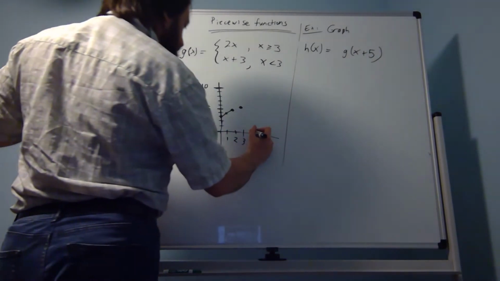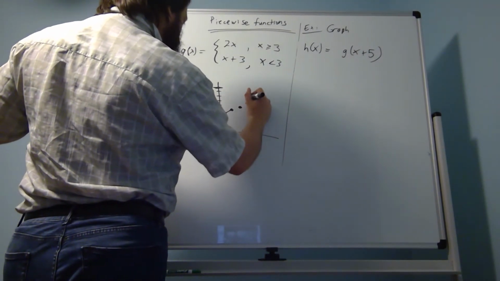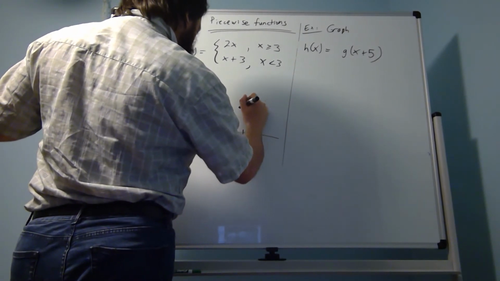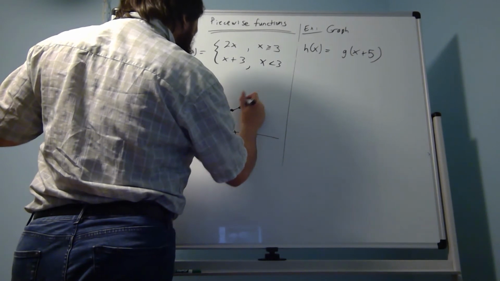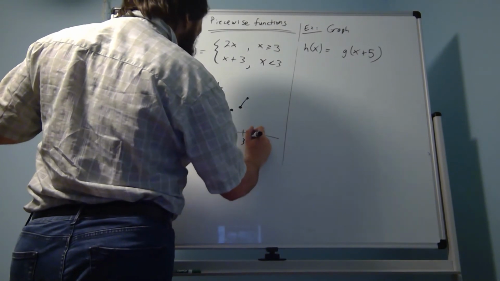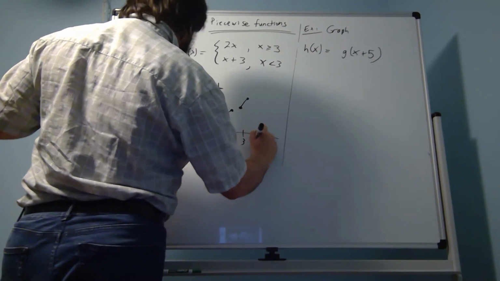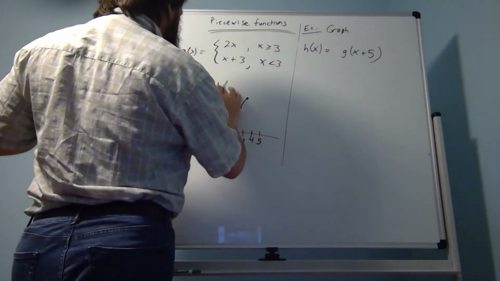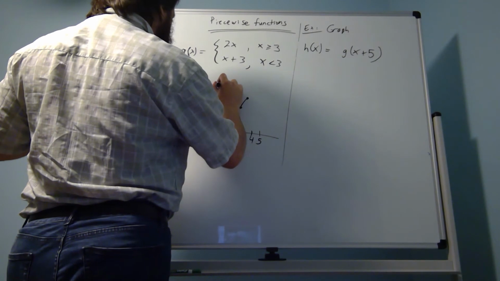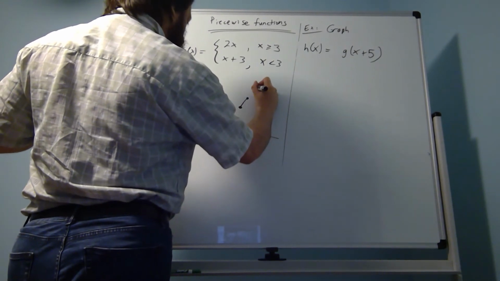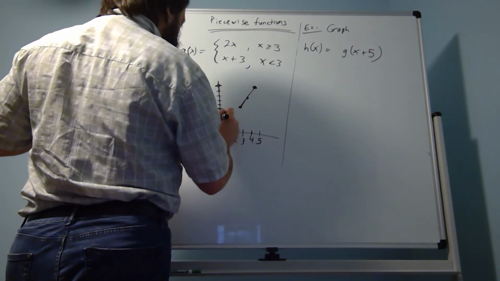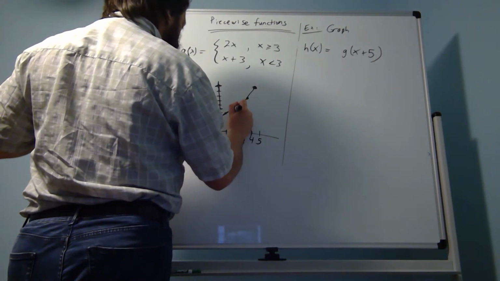So then when we're at 4, it jumps up by 2. It goes all the way up to 8. When we're at 5, we jump up by, I think this one was a little bit too close. The tick mark should be a little bit farther away, so it should be all the way up here. So it's sloping, the slope is like 1.